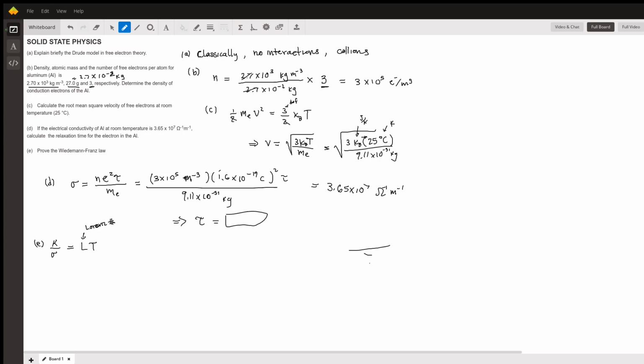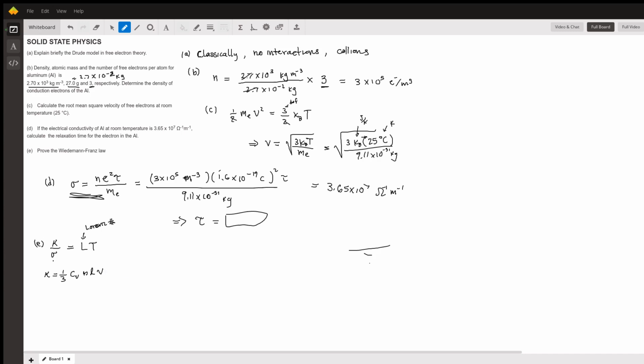We know the electrical conductivity is this one. And I'm going to assume you covered this, but the heat conductivity is simply 1/3 the volume heat capacity, the number density, some persistence length, and the velocity.